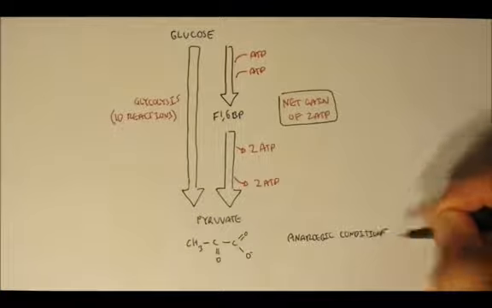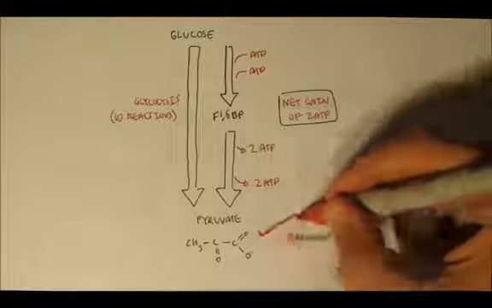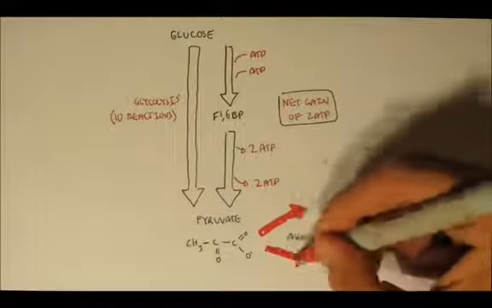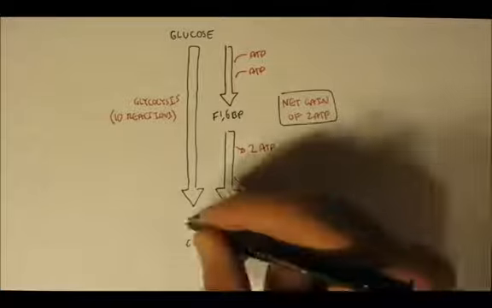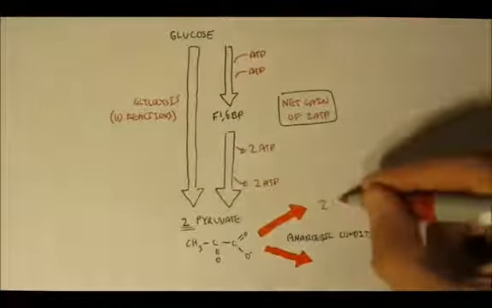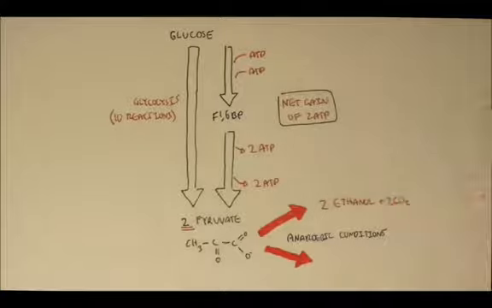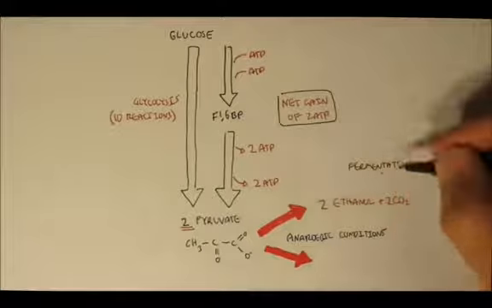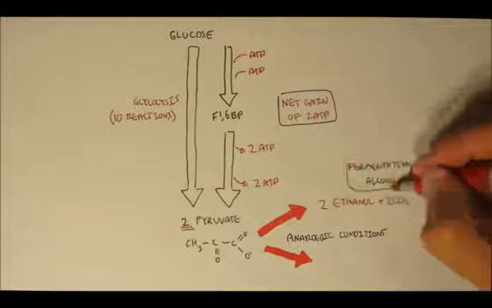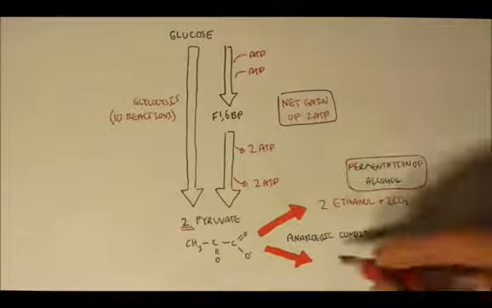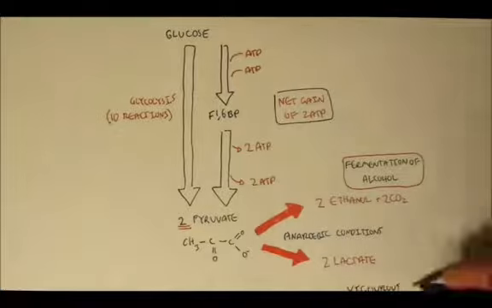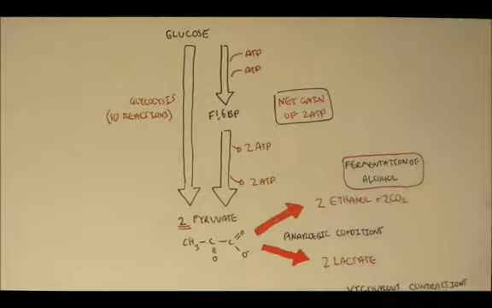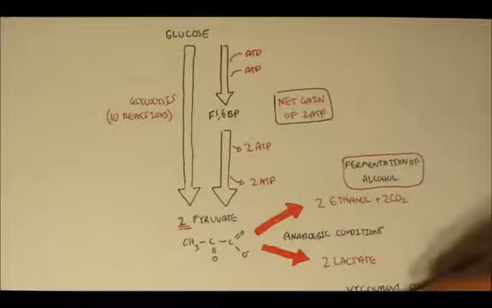In anaerobic conditions, or without oxygen, it can become 2 things. One of which, 2 pyruvates, can become 2 ethanols and 2 carbon dioxides, and this is during alcohol fermentation to make wine or whatnot. Or alternatively, the 2 pyruvates can produce 2 lactates, which is a byproduct of muscle when using glycolysis for energy, and occurs when exercising vigorously.